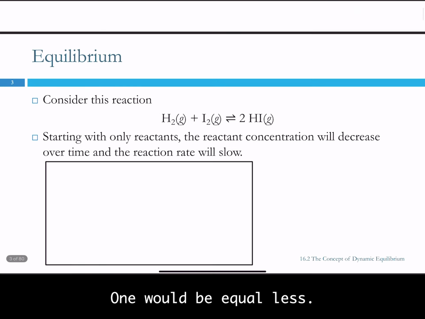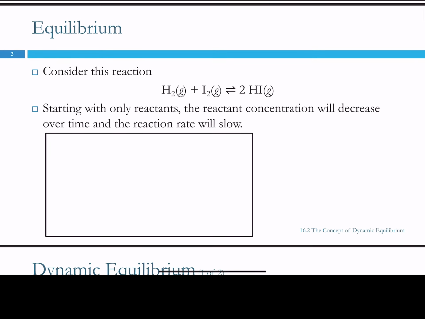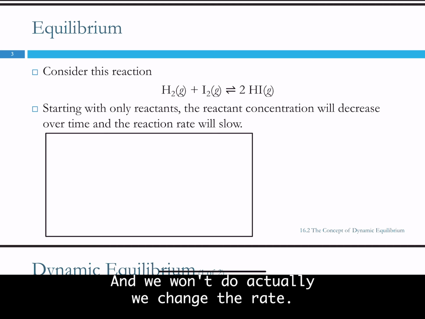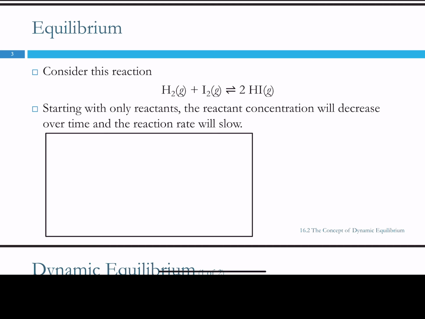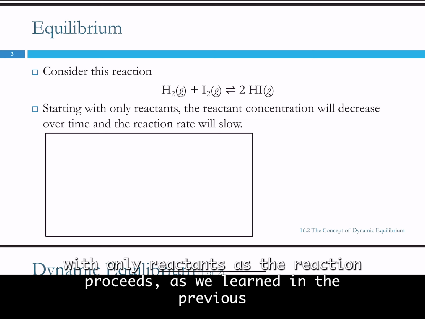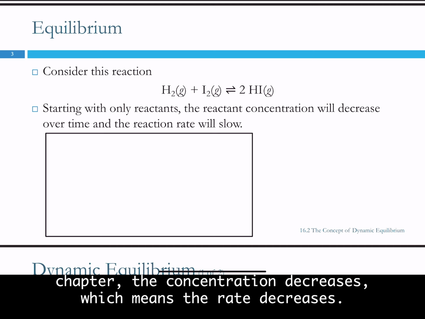K equal to 1 would be equal. So I'll reset this, and let me change the rate. Let's make it 5. If I start with only reactants, as the reaction proceeds, as we learned in the previous chapter, the concentration decreases, which means the rate decreases.